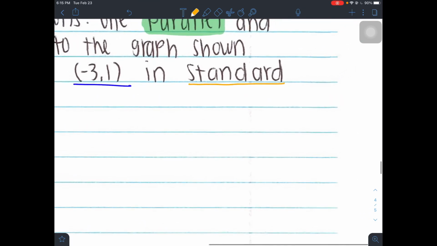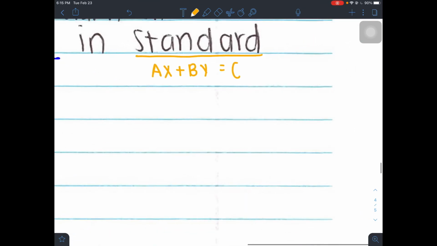What is standard form? Remember, standard form is ax plus by equals c. And remember, there's 3 rules to standard form. Rule 1: x and y on the left. Rule 2: a must be positive.